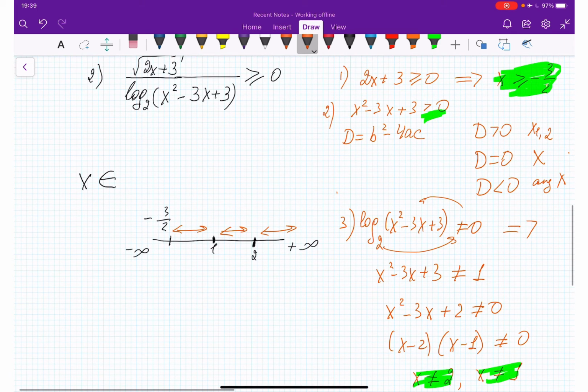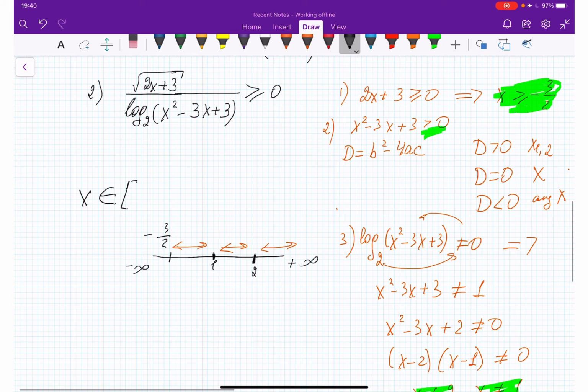So let me write down: x belongs to square bracket, because we have x greater or equal to negative 3 over 2, 1, or between 1 and 2, 1 and 2 in parentheses because 1 and 2 cannot happen, or 2 and positive infinity.